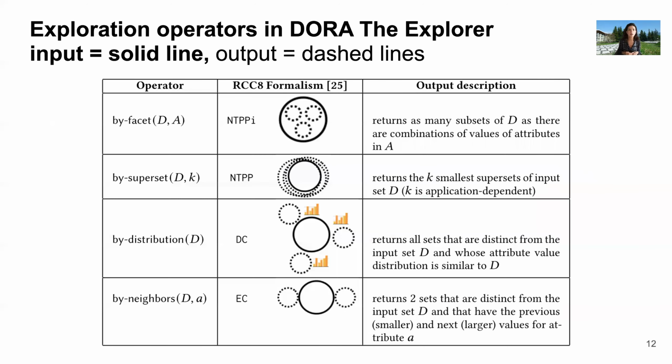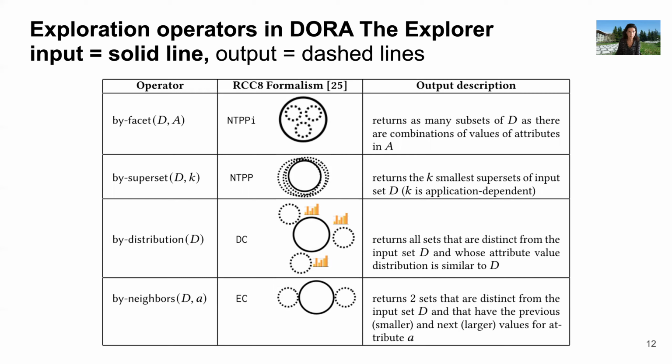So in DORA, we have 4 operators that we define on the basis of interactions with the astronomers with whom we work. The first 2 here are basically a roll up and drill down. Each operator here takes a set of galaxies and returns up to k sets of galaxies.